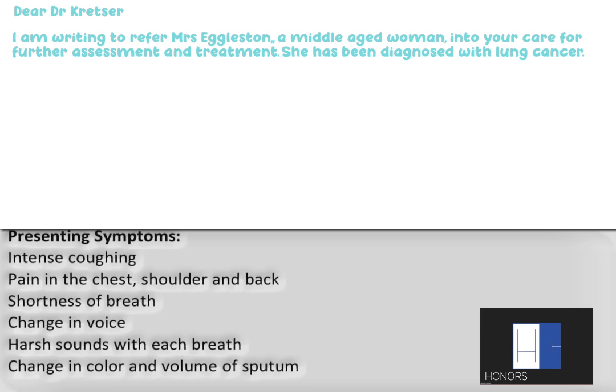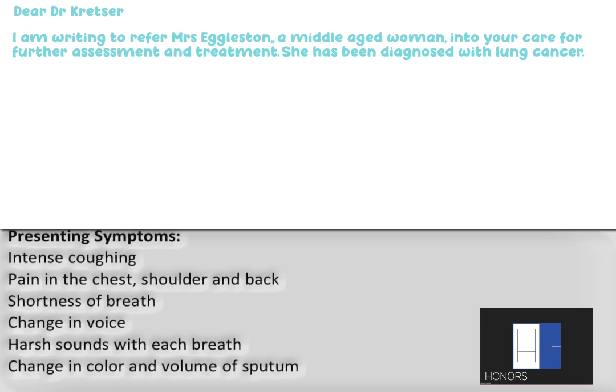Intense coughing, pain in the chest, shoulder and back pain, shortness of breath, change in voice, harsh sounds with each breath, change in color and volume of sputum. So there are a lot of things. We cannot write down all of them one by one in one single sentence. That won't read good. This indicates that your writing ability is that poor. So we need to have some organization here and there.